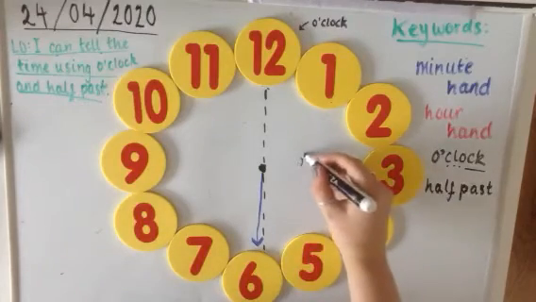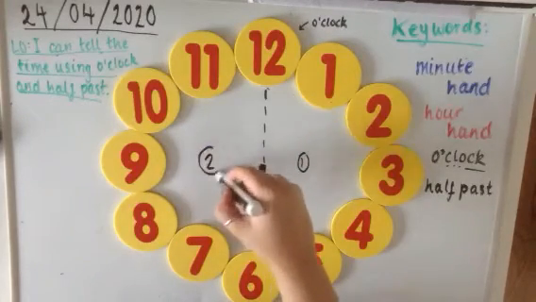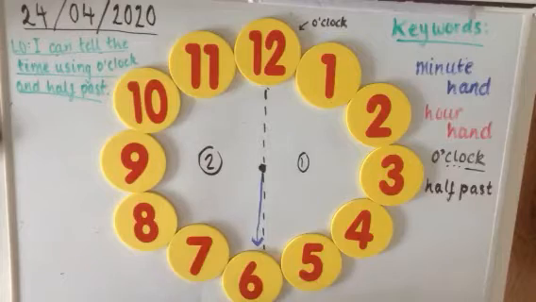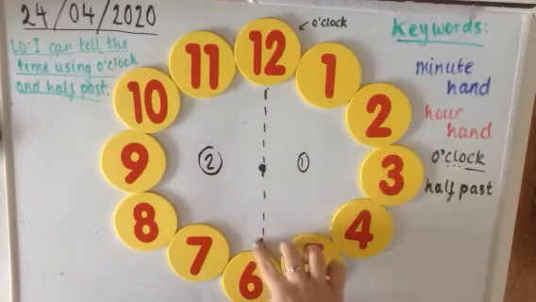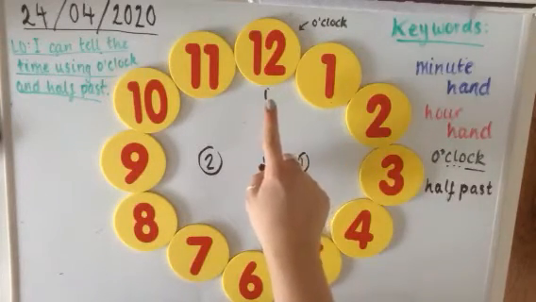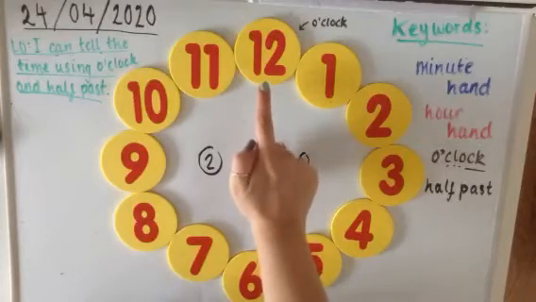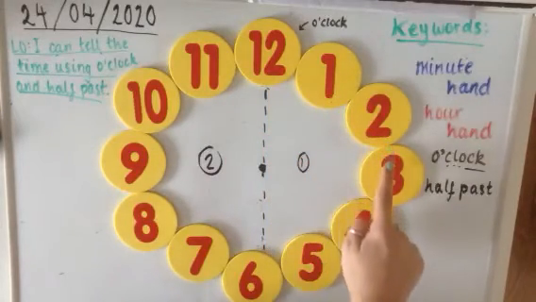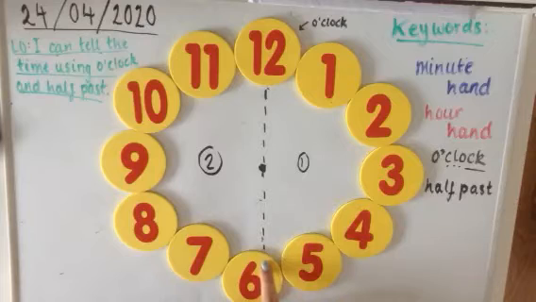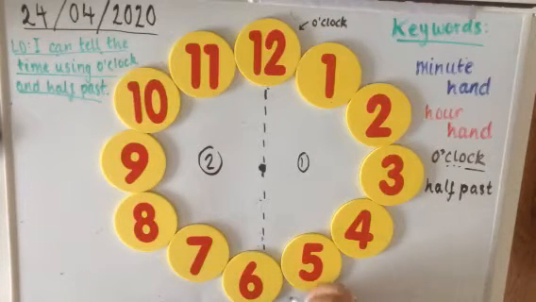So this is half number 1 and half number 2. If our minute hand is pointing to the 12 and it goes halfway around the clock, it would end up on the 6. This is why we call this half past.